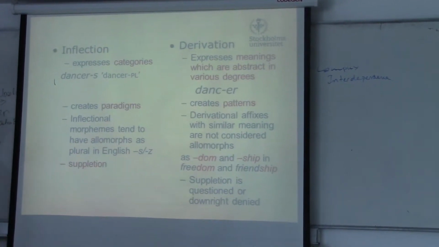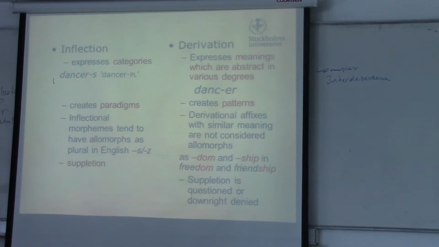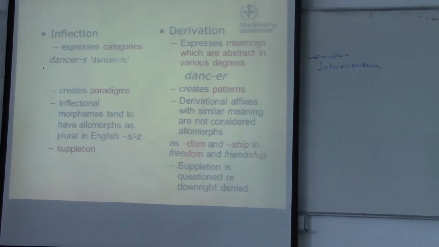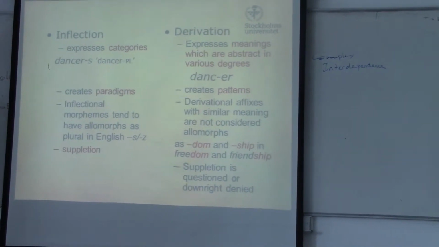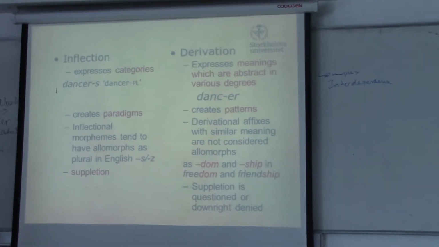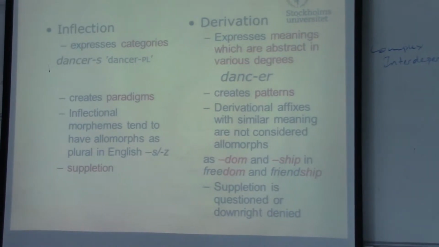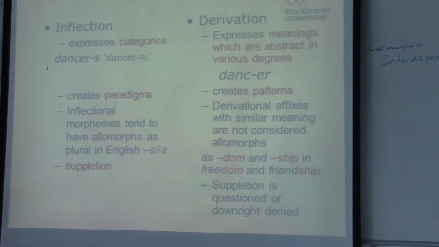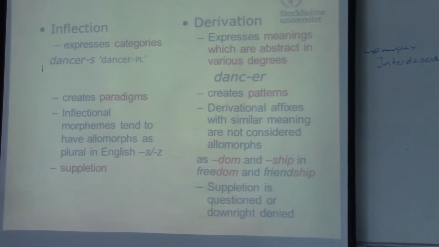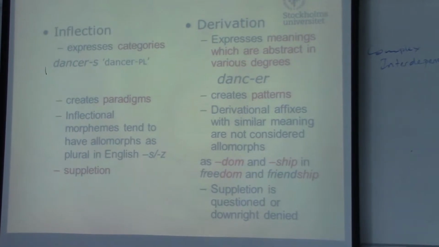Derivation, on the other hand, expresses meanings that can be very specific or very abstract, but the degree of abstractedness or specificity varies. So somebody who dances is a dancer, so that's an agent, but it's still somebody who is doing something, and it's a tangible meaning.